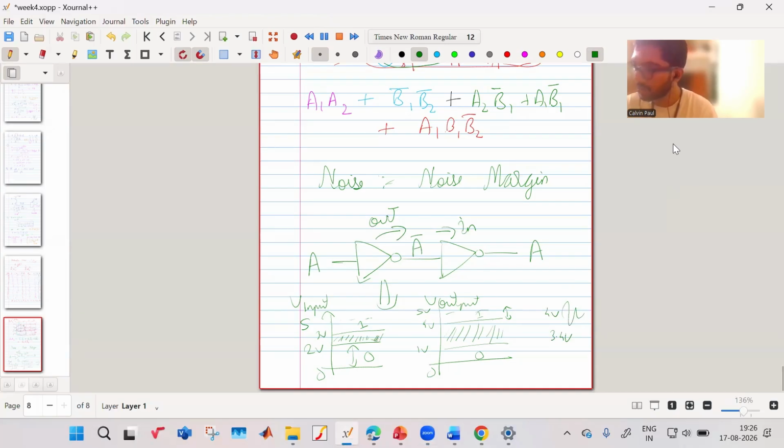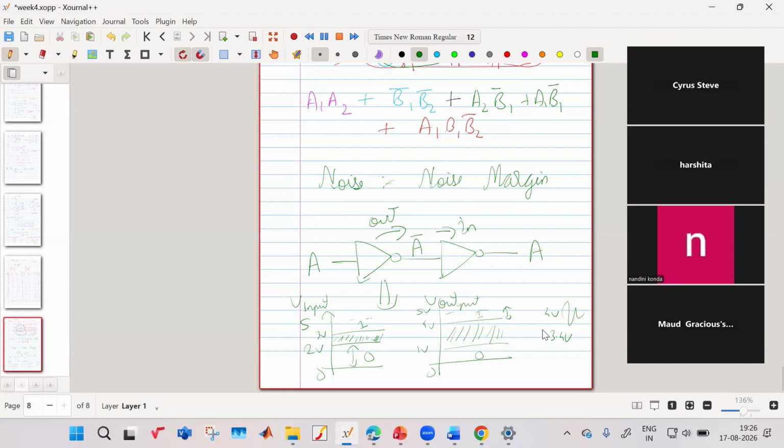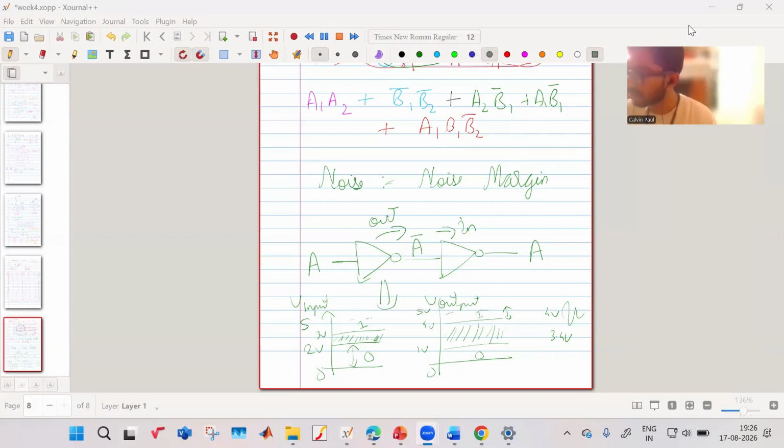Sorry, did you say the input or the output? No, let me just draw it better. Let me explain once again.